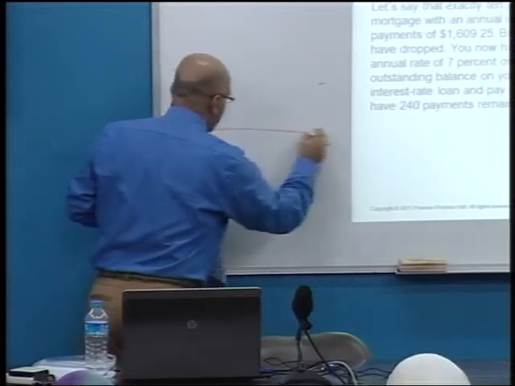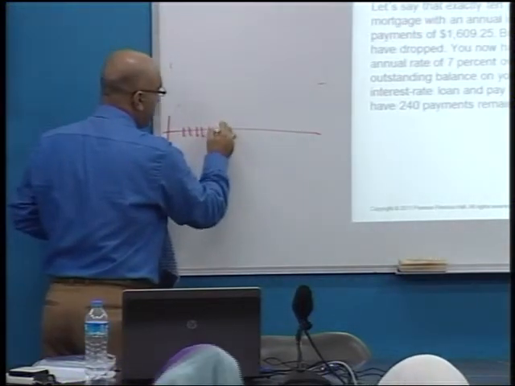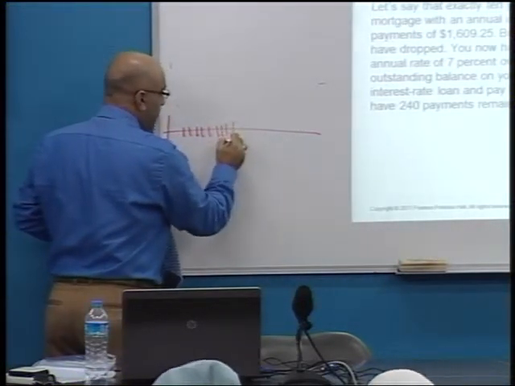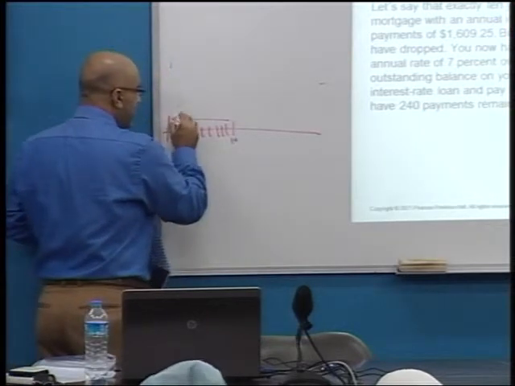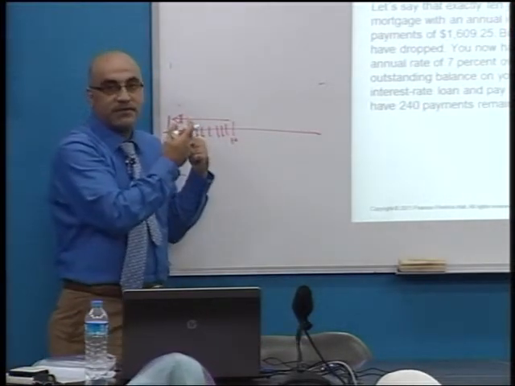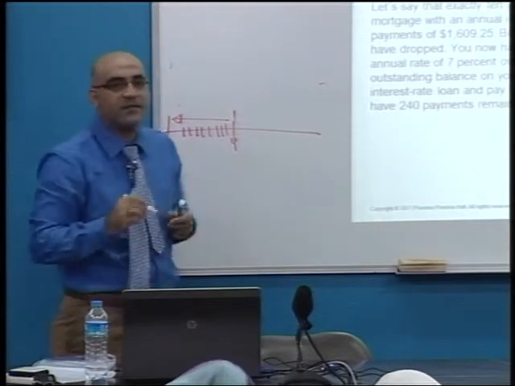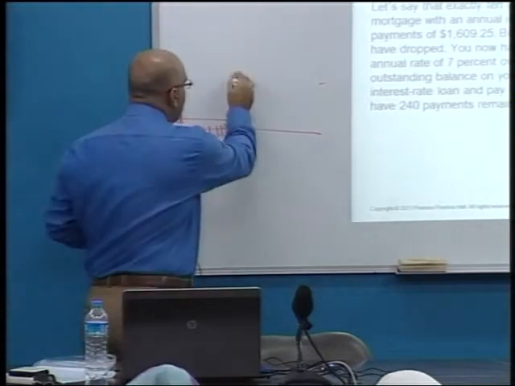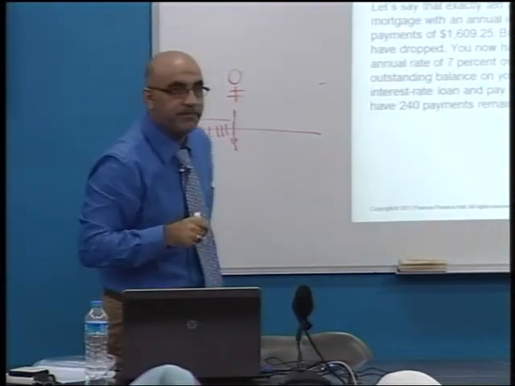So, 1, 2, 3, 4, 5, 6, 7, 8, 9, 10. So we have 10 years in the past. Now we are after 10 years. Now we are sitting or standing here.